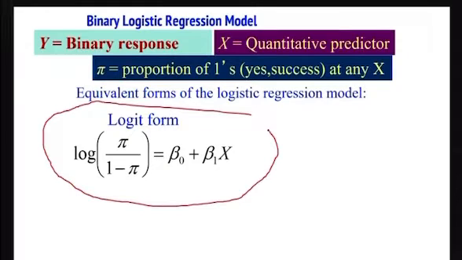What is odds? Do you know? If pi is the probability of yes, 1 minus pi will be the probability of no. So when I say odds, it means the ratio of two things that are opposite to each other. So the log of the odds is log of pi, the probability of success, divided by 1 minus pi, the probability of failure.